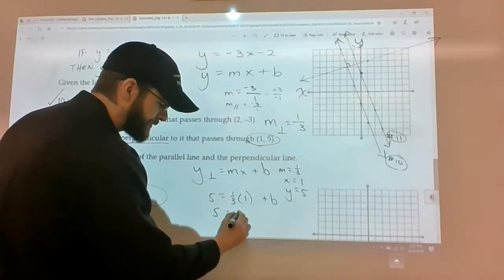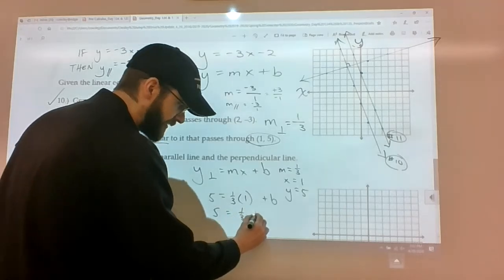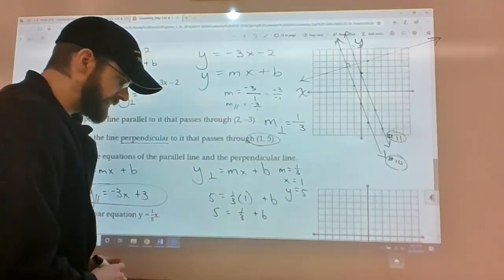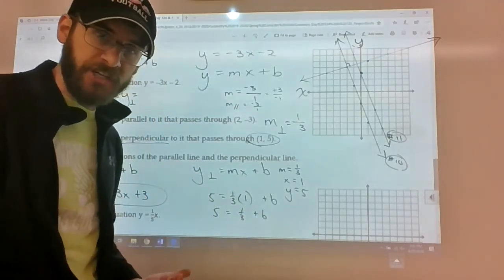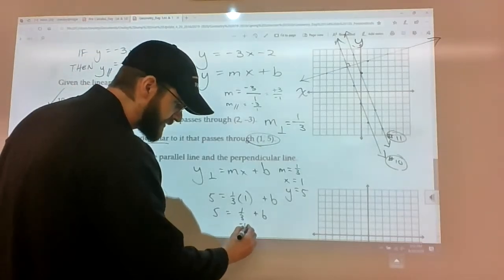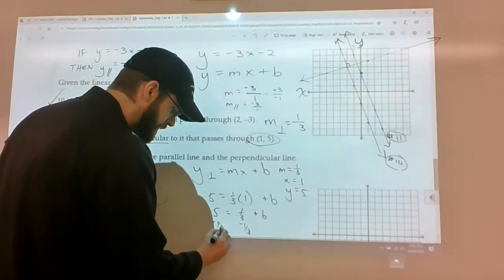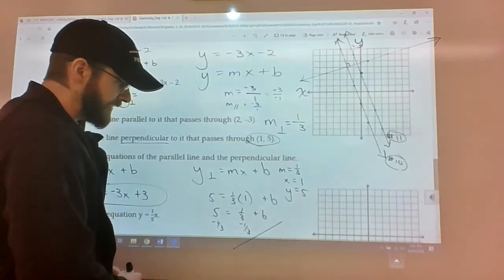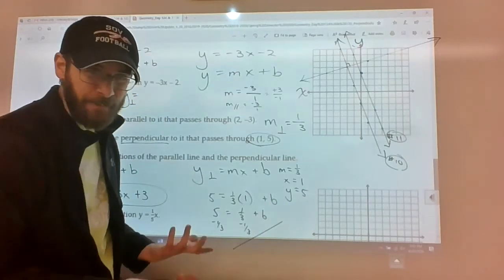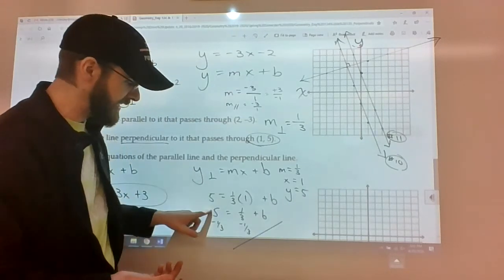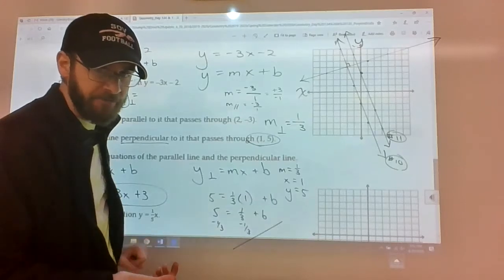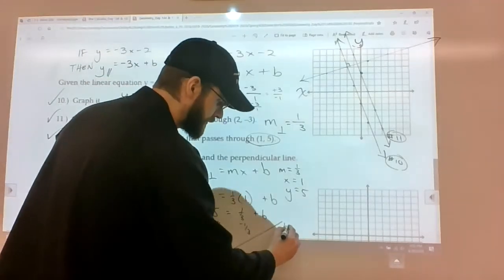So 1/3 times 1 is just 1/3. And then I got to get b by itself, so I'm just going to subtract the 1/3 from both sides. And then b is going to be 4 2/3. If you take 1/3 away from 5, you get 4 2/3.